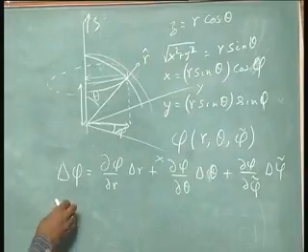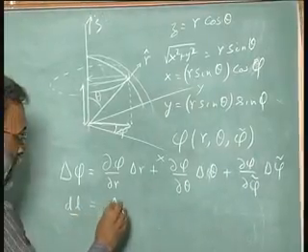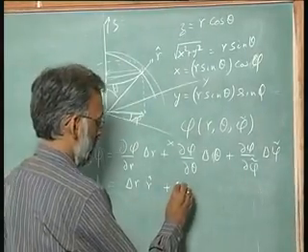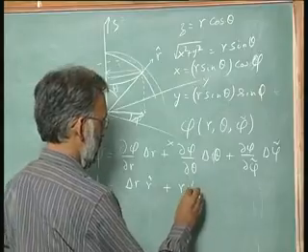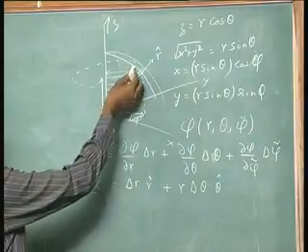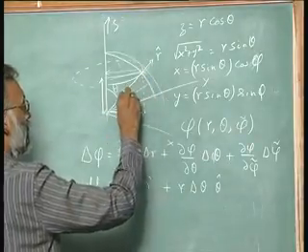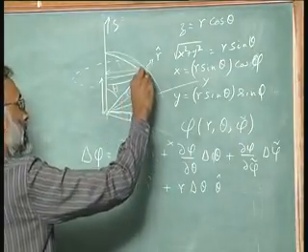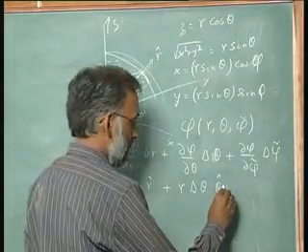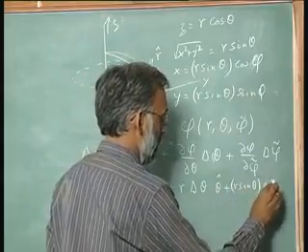But I also want to know what is dl. dl is delta r along the r direction plus r delta theta along the theta direction. So, along the r direction I just go, but along the theta direction, if I increase in theta by an amount delta theta, this distance is r delta theta, and then it is equal to r sin theta delta phi tilde along the phi direction.